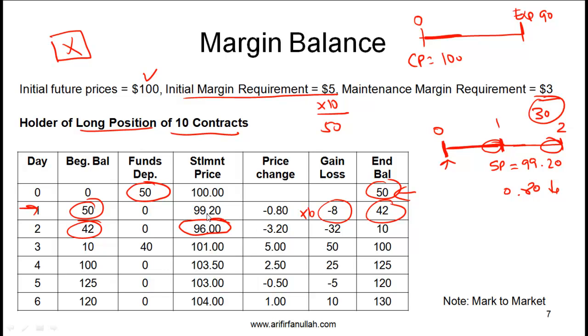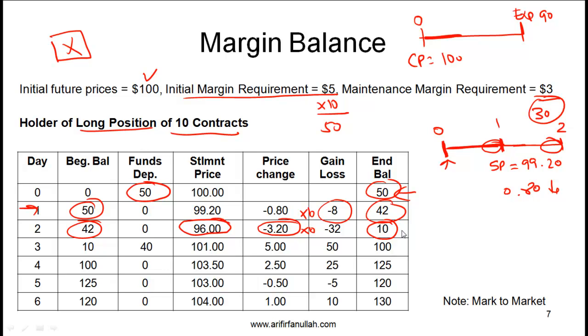So in going from 99.2 to 96, there is a loss per contract of 3.2. On 10 contracts, the loss is 32. So from a balance at the beginning of the day of 42, you lose 32, and now your balance at the end of day 2 is 10.